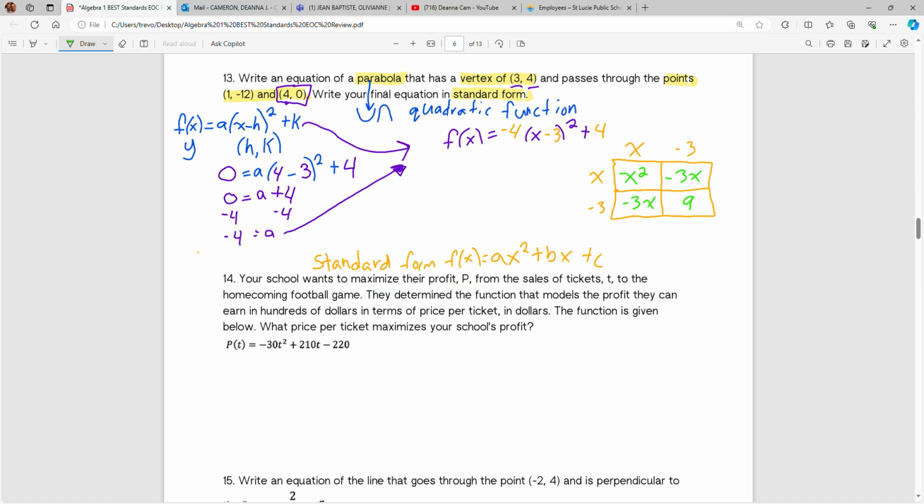So I can bring this in over here. f of x equals -4 times, now instead of writing this (x minus 3) squared, I'm going to bring this information over here. And I'll simplify it underneath actually first. x squared, nothing can go with that. That's the only x squared. And then -3x minus another 3x, that's -6x.